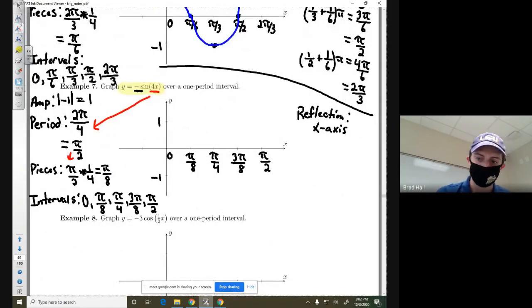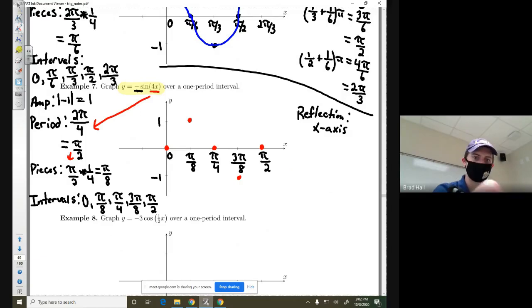Actually, I'll do this in red because I'm going to change these. This is what it would be if it were just regular sine without a reflection. So if there was no reflection, this is what you would do, and then you would just connect all the dots.